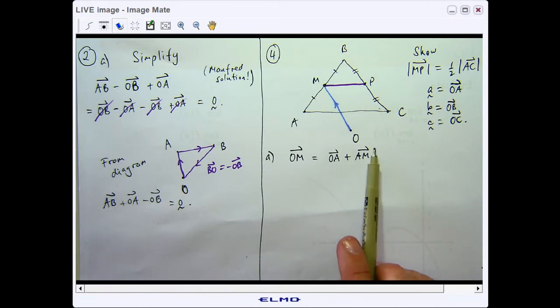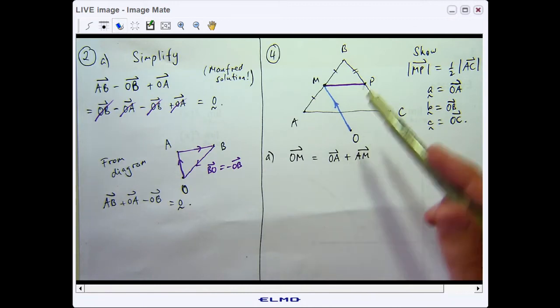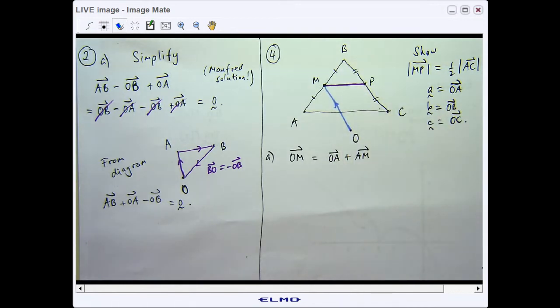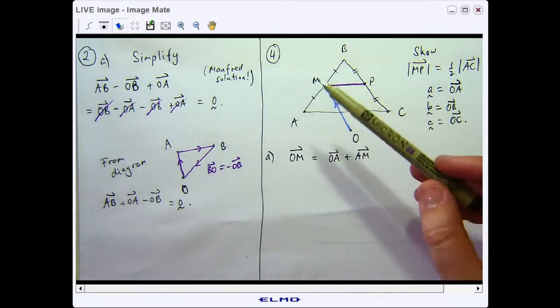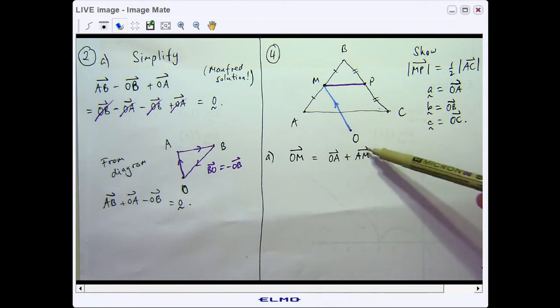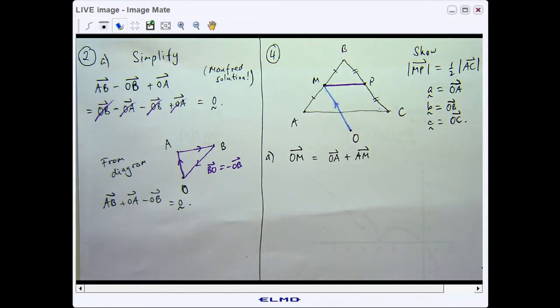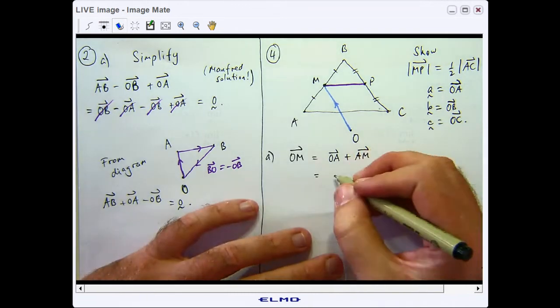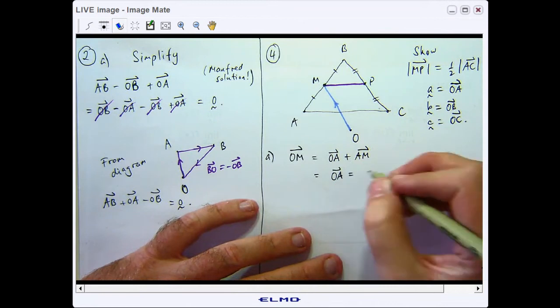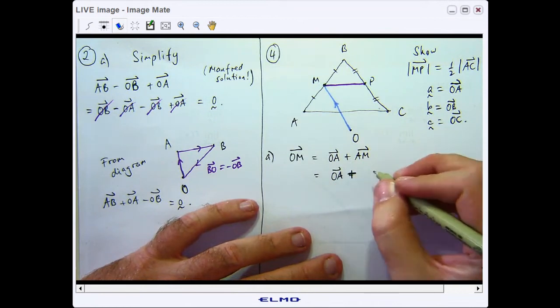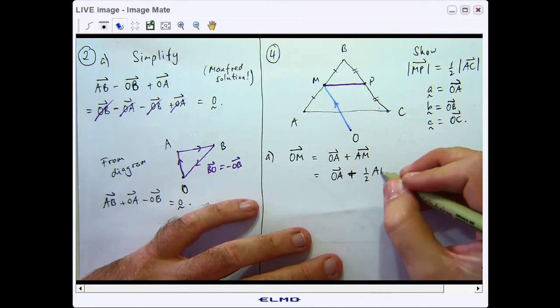Can anyone tell me what the vector AM is in terms of the vector AB? Who can tell me on the chat? Jonah, yes. I would put capital A and capital B there, but yes, you're absolutely right. So OA plus 1/2 AB.